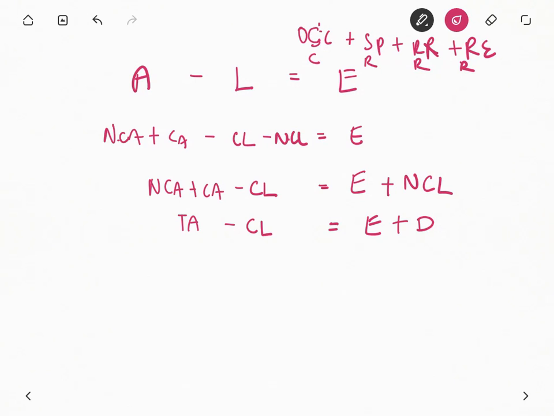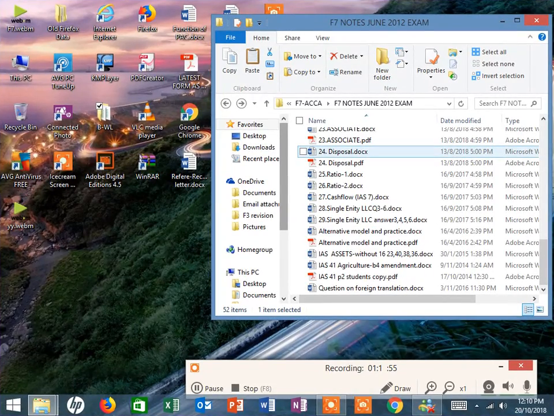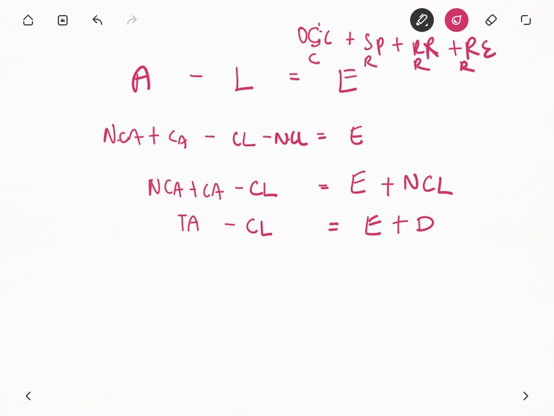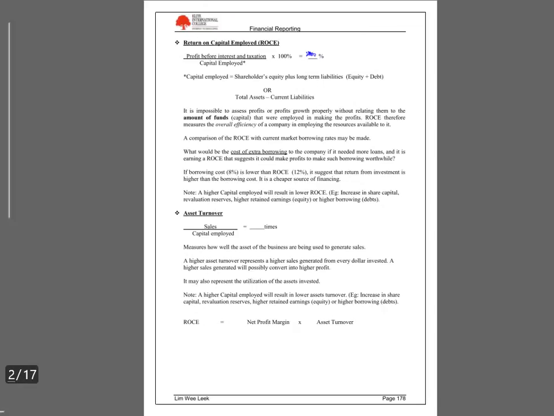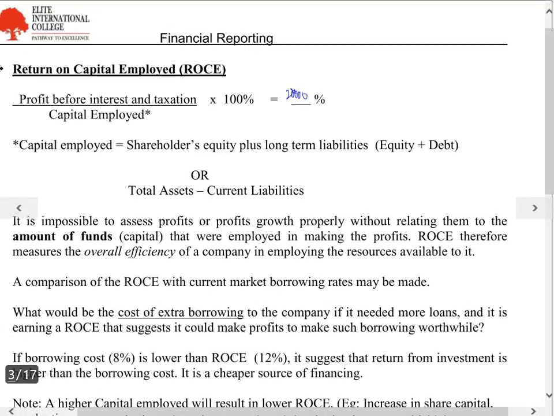That's why capital employed is equity plus debt, or total asset minus current liability. Shareholders' equity plus long-term debt.